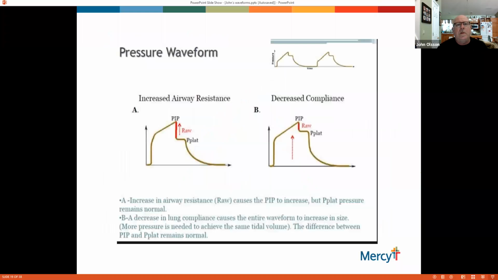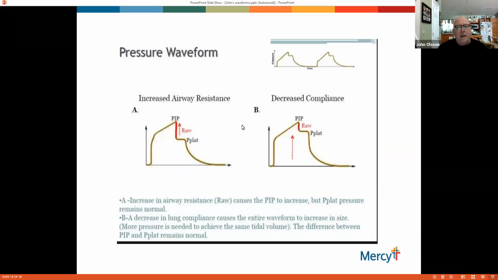All right. So there's another way. If I have a patient, how do I know if my patient's pressures are really high because of airway resistance, or because their lungs are stiff, they have ARDS, or they have pneumonia or something like that? Well, you can tell by the difference between your plateau pressure and your PEEP.